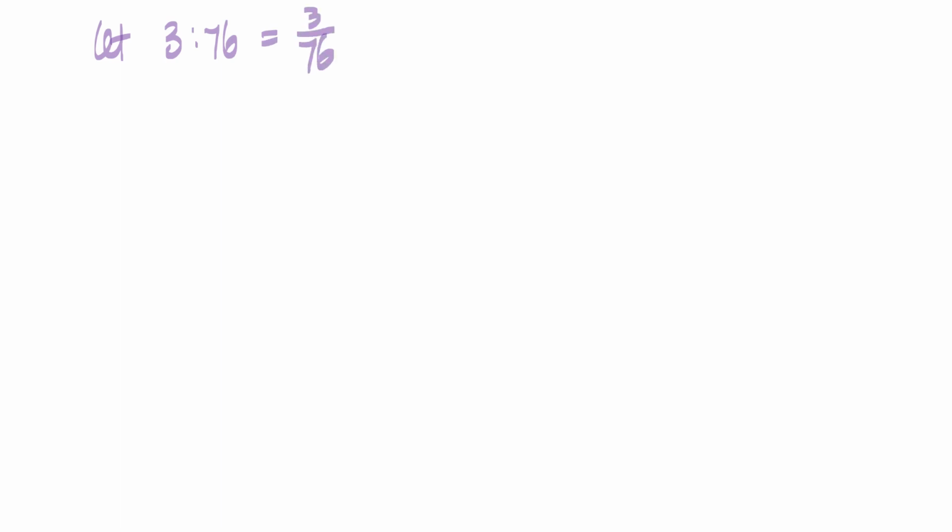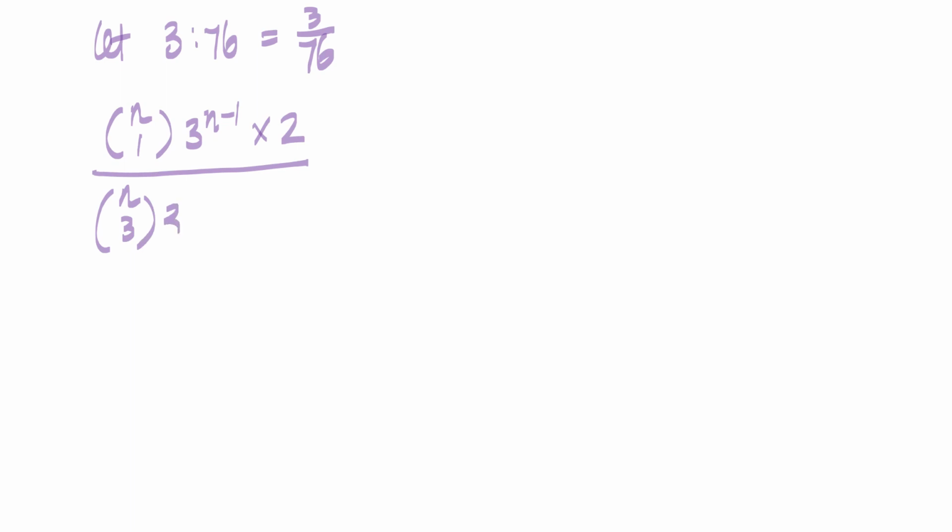We are told that the ratio of the coefficients of the x term, which we found earlier to be nC1 times 3 to the power n minus 1 times 2, over the coefficients of your x cubed term, which is nC3 times 3 to the power n minus 3 times 2 cubed. 2 cubed is 8. And this ratio equals 3/76.